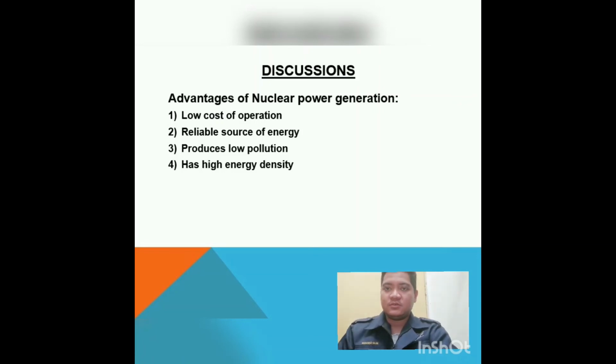Nuclear fission, which is the process for producing nuclear energy, produces far more energy than fossil fuels such as gas, oil, and coal. So nuclear fission is almost 8,000 times more efficient than traditional fossil fuels in producing energy.